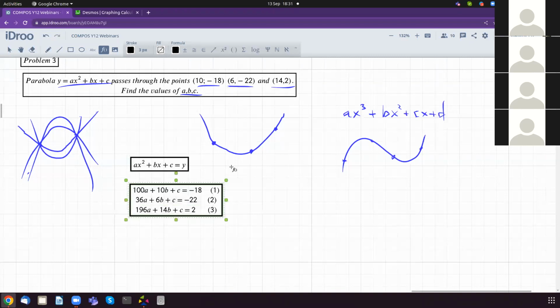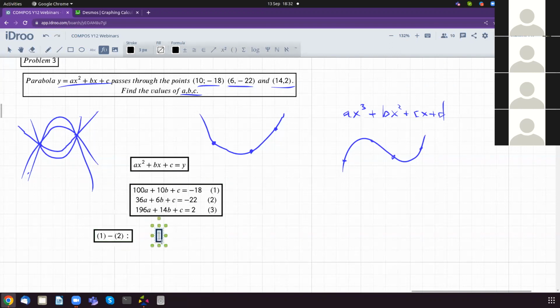Now, these simultaneous equations may look scary, but actually, you kind of need to start eliminating. First, you eliminate c, and then you eliminate one of the others. So what I'm going to do here is take equation 1 and subtract equation 2.